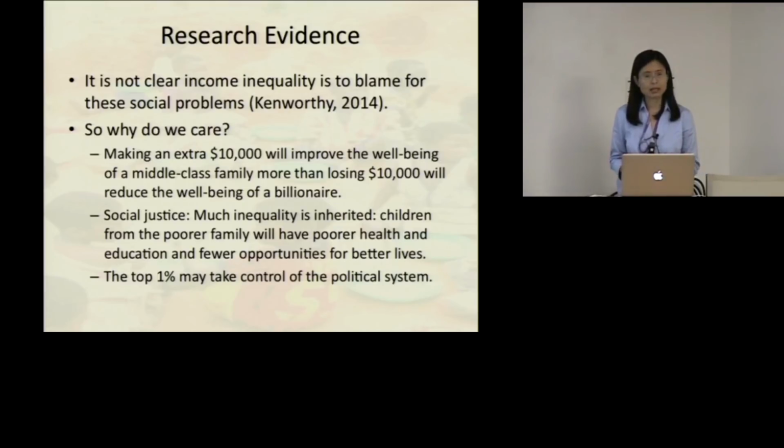So it's not fair that poor people who were born in poor families have less opportunities. Also, some people really worry about the top 1% of people taking control of the political system through lobbying, through contributions, donations, etc.